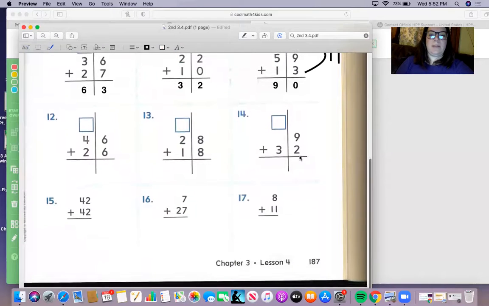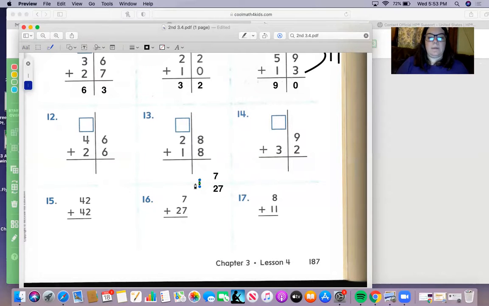So here we have the boxes kind of as a guide. Now, sometimes we see problems like this, where we're adding a single digit to a double digit. If you're writing this on a separate sheet of paper, just make sure, a lot of times I see people write 7 plus 27 like that.